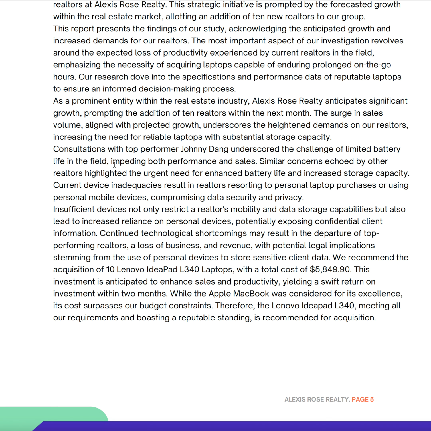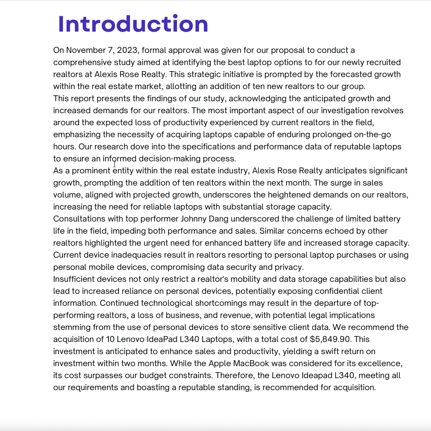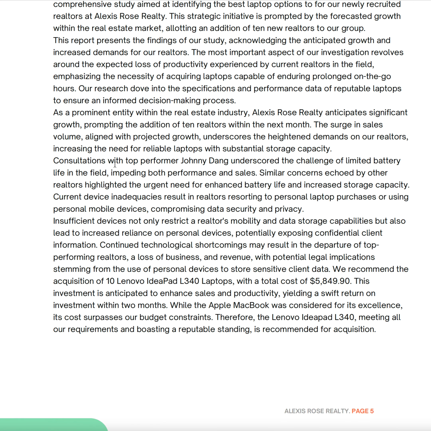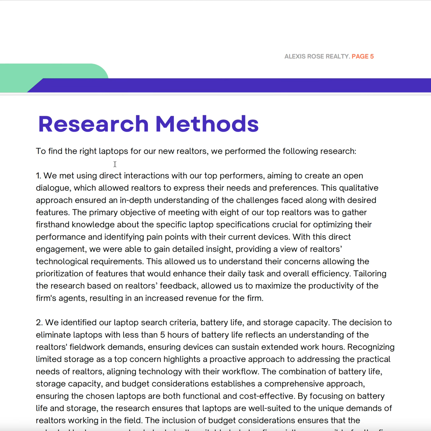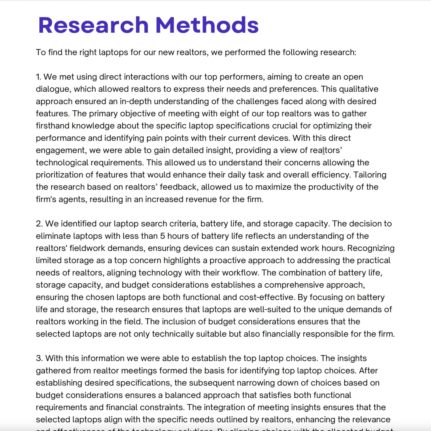Okay, so in the introduction, you're familiar with kind of what goes here, but you just kind of go over the business problem and tell the story of how you got to the point of writing this paper. Okay, for the research methods, here you're going to describe in more detail what you mentioned in Unit 2.